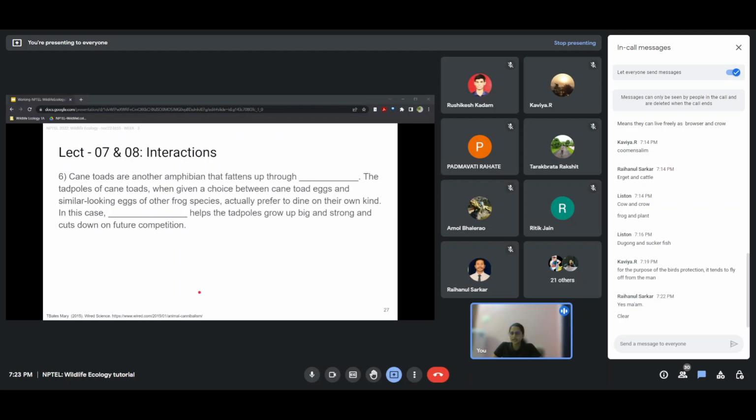So what is exactly this term that we're talking about? The clue is in the statement: the tadpoles prefer to dine on their own kind. Yeah. So what exactly is cannibalism?